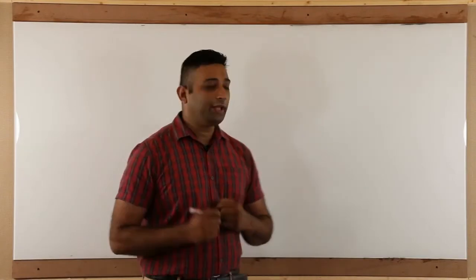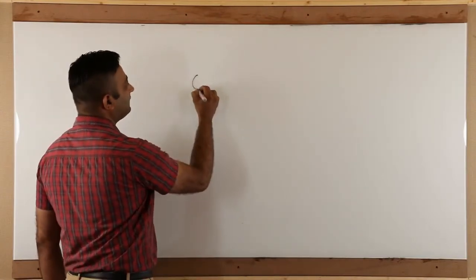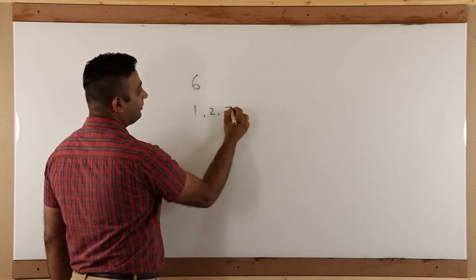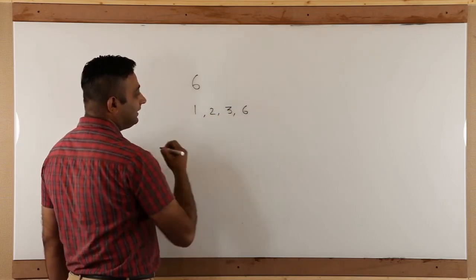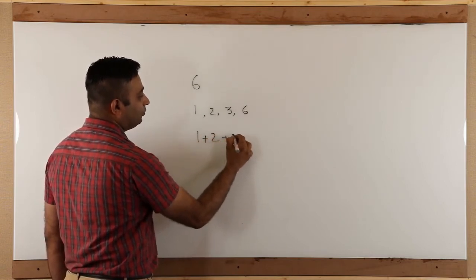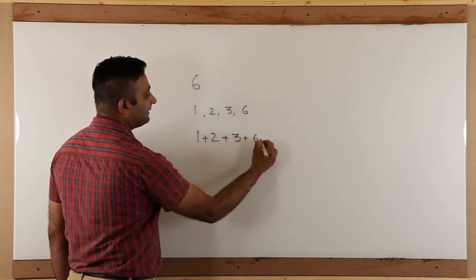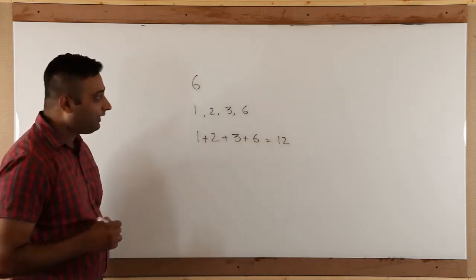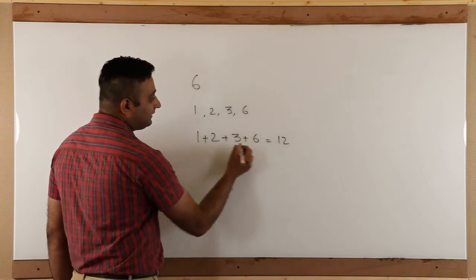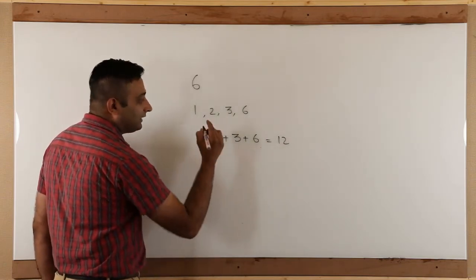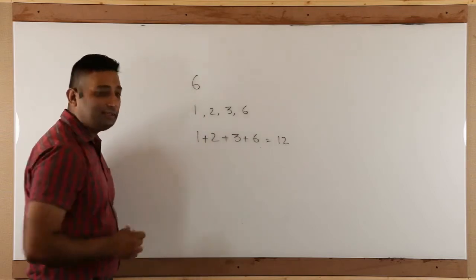Dear students, we know that the factors of 6 are 1, 2, 3 and 6. Now, if we add these factors, 1 plus 2 plus 3 plus 6, we get 12 as the answer. Now we can see that the sum of the factors of 6 is double that number.